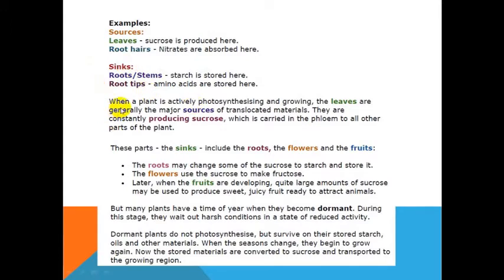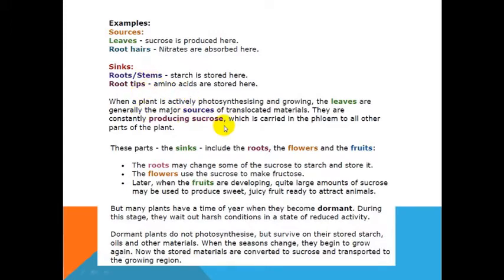When a plant is actively photosynthesizing and growing, the leaves are generally the major sources of translocated materials. They are constantly producing sucrose, which is carried in the phloem to all other parts of the plant. Glucose is the smallest subunit of carbohydrate.